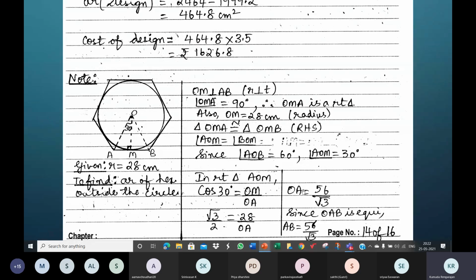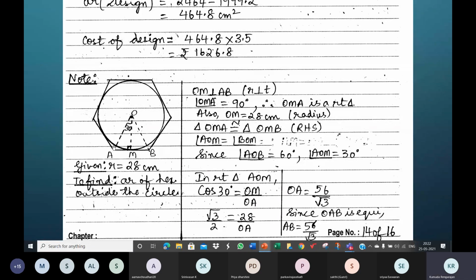That's what I've worked here. You can connect the acute angle 30 degrees in the right triangle with OM, which you know, 28 centimeters, with OA, what you have to find, the side of the equilateral triangle or the side of the hexagon also, because all the sides are equal.